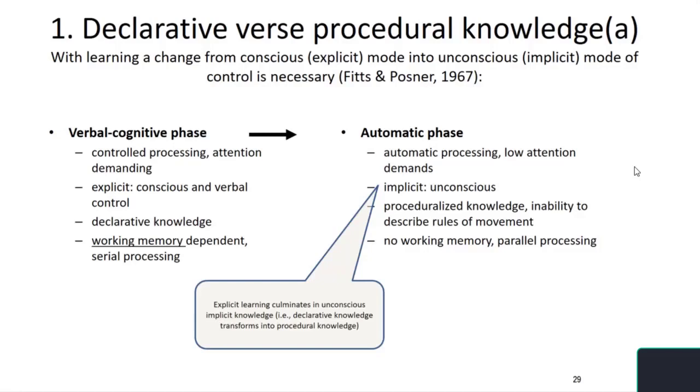It's implicit, so it's unconscious. It's become proceduralized, so we're no longer able to describe the rules of how we move. And we don't need working memory, and we can operate a range of different actions at the same time, so we can multitask.